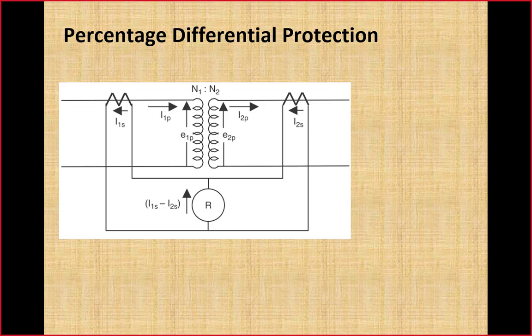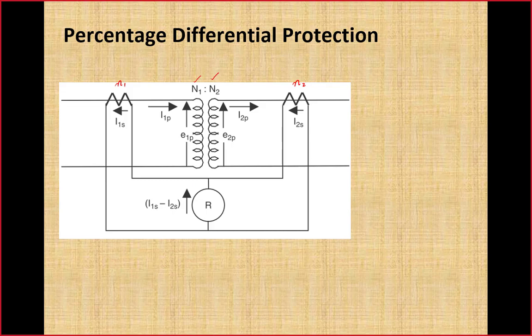In this transformer, N1 and N2 are the winding 1 number of turns and winding 2 number of turns. 1 and 2 are for winding number 1 and 2. Here this CT has CT ratio n1 and this CT has CT ratio n2. So small n is for CT ratio and its subscript 1 and 2 describes whether it is on the winding 1 side or on the winding 2 side.